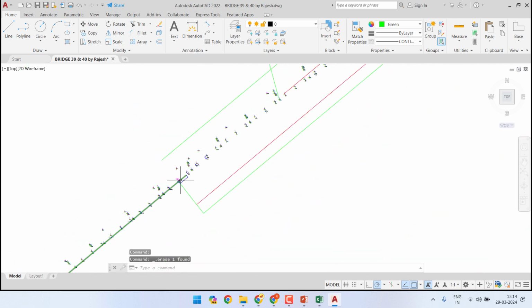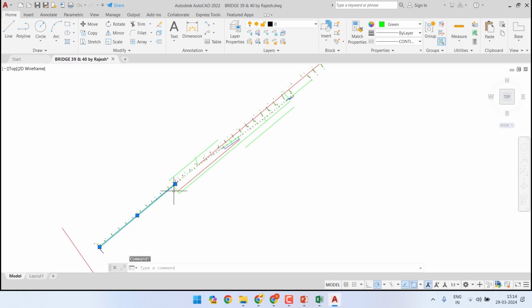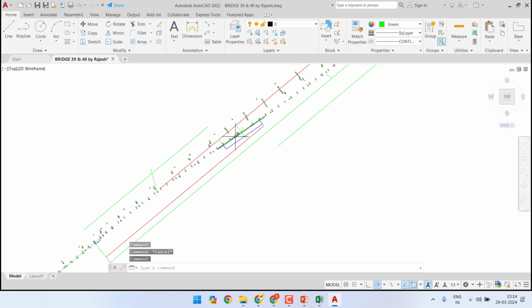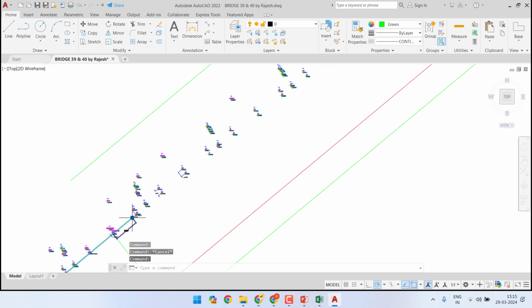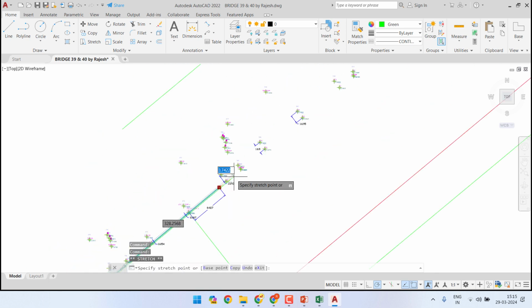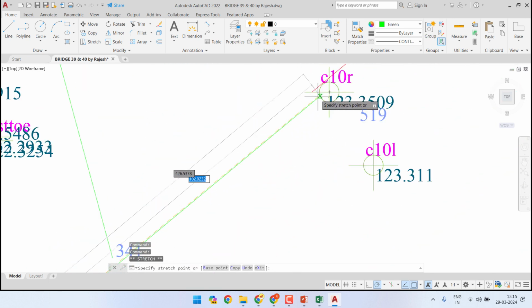Alright, so we will again extend the lines. This was our first tangent, this was our second tangent, middle portion of tangent, and this was our third tangent. We will extend this line from here to here where it was going.